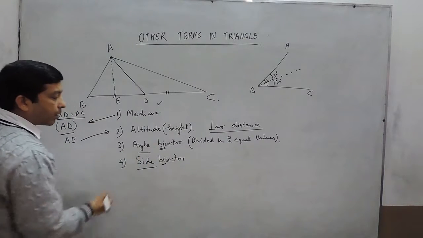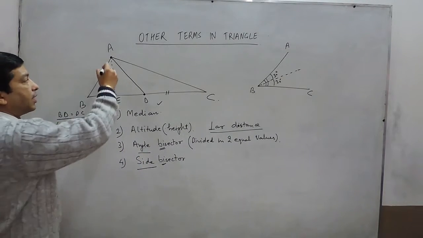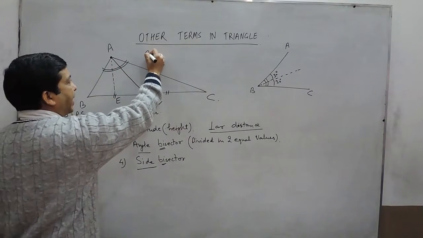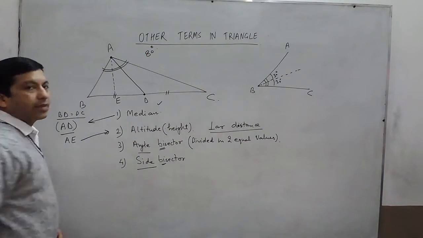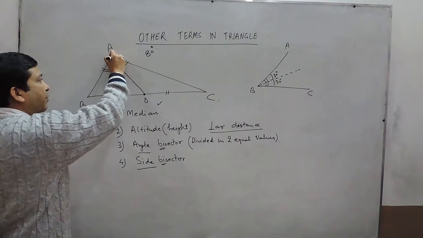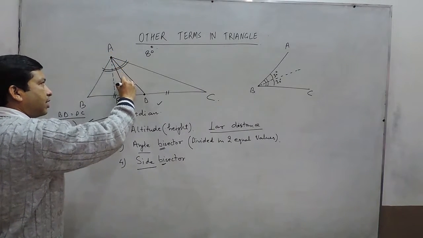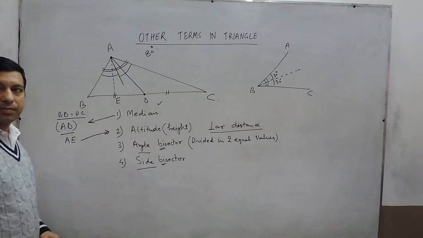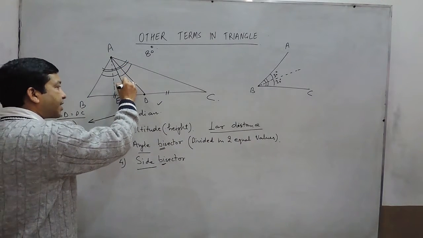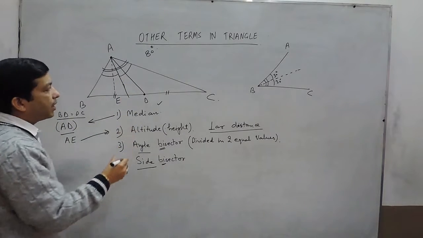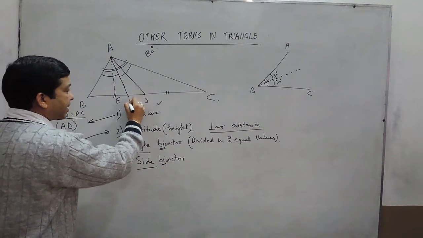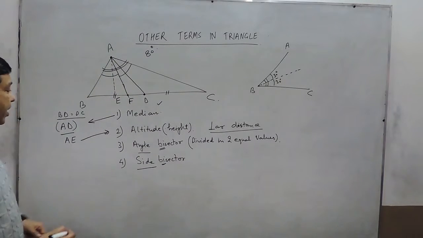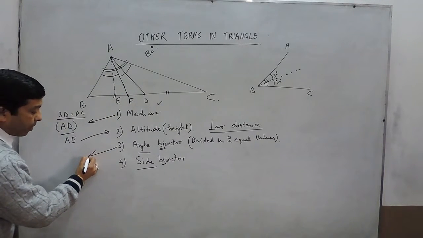We talk about the third term, angle bisector. Suppose this angle has some value like 80 degrees. Suppose we draw a line which divides this angle into two equal parts. Wherever this line cuts does not make a difference. Suppose it cuts at a point F, but this line is known as the angle bisector.